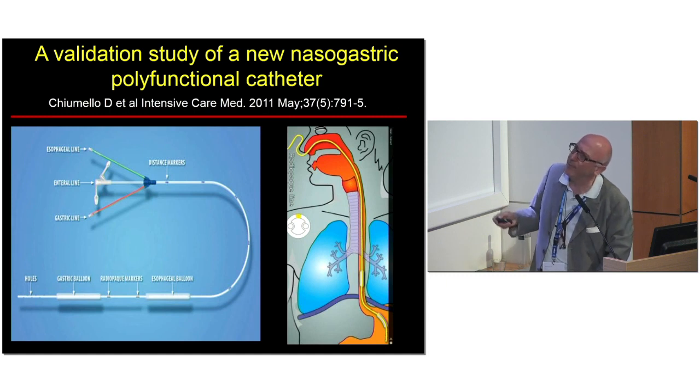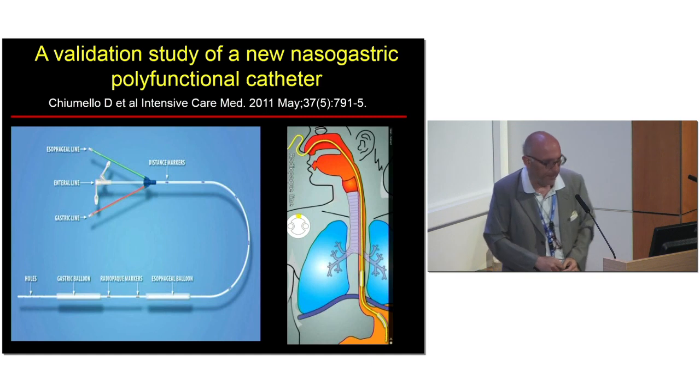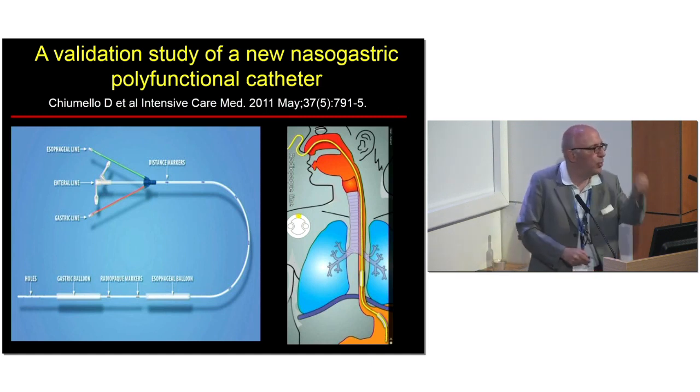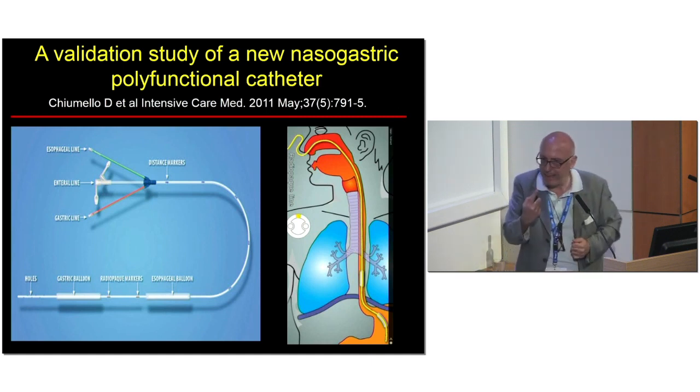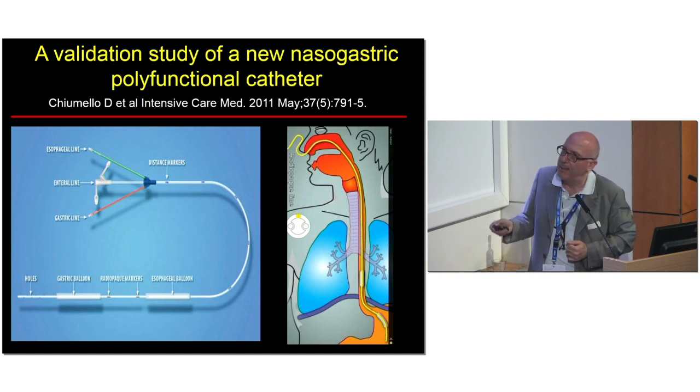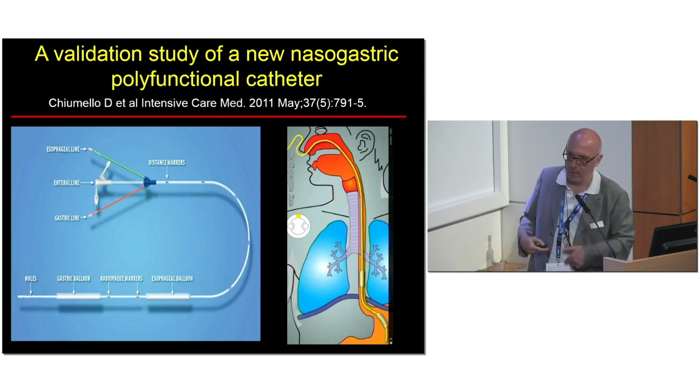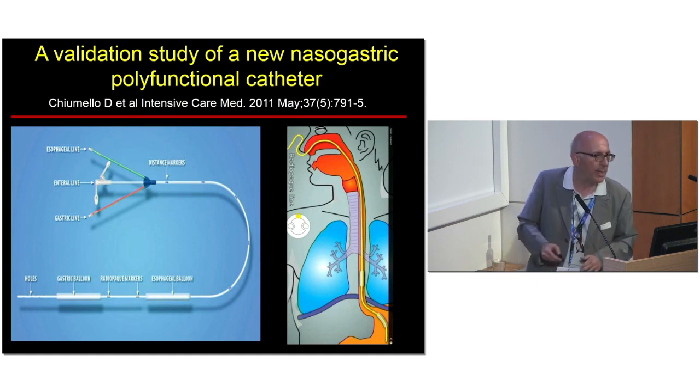Now there is a new catheter, for example, which is very nice, I like it. It is a nutritional catheter with an esophageal and gastric balloon, so you need only one catheter. It is not so large, so it means that the patient does not have drainage from the stomach, only nutrition.